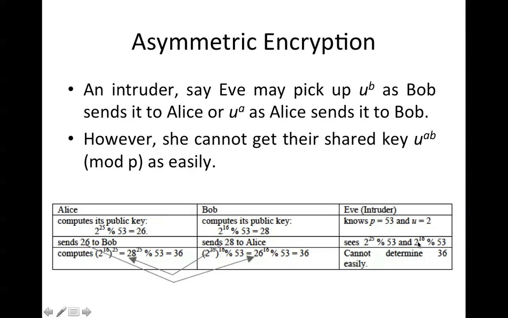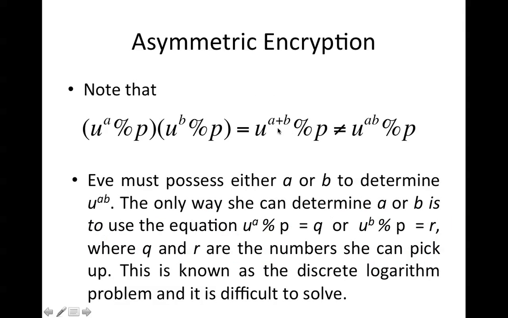And of course, without getting those private keys, you would like to be able to get, let's say, the shared key, which would be not 2 raised to 25 mod 53 or 2 raised to 16 mod 53, but it would be 2 raised to 25 mod 53, and then you must power this to 16 and then mod it to 53 again.